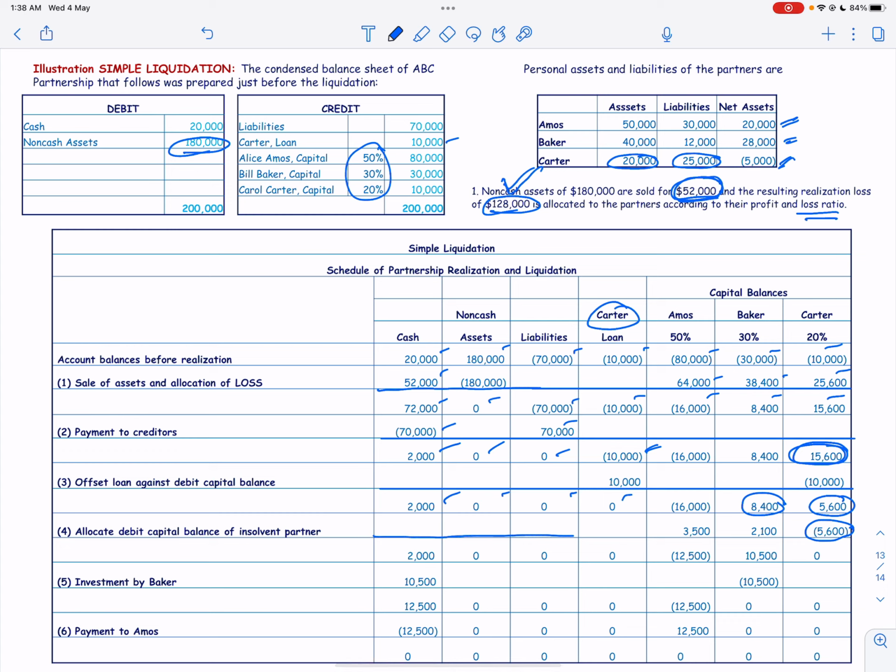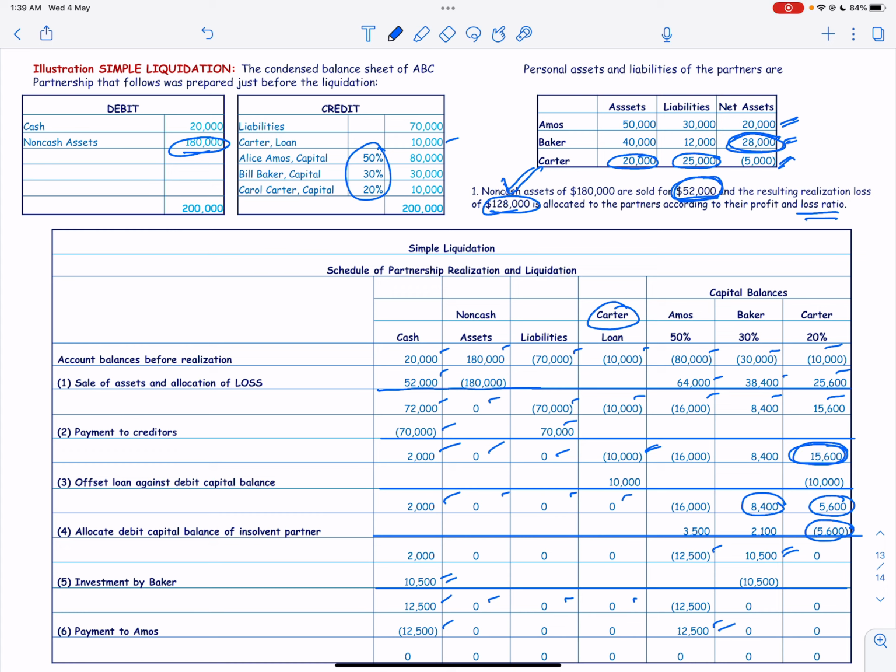So our asset cash is going to increase by this investment by Baker of 10,500. So we have a total cash of 12,500, and this is paid to the partner having a credit balance.